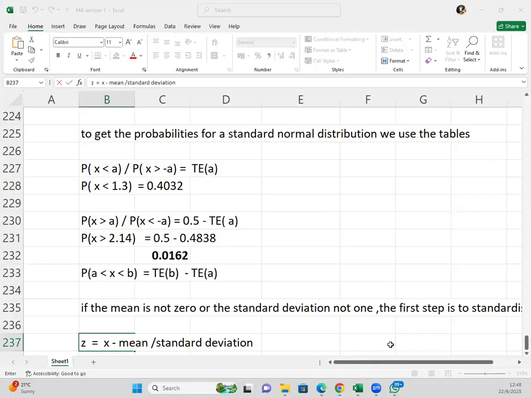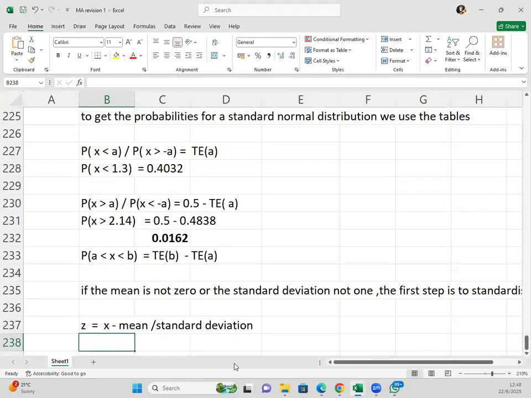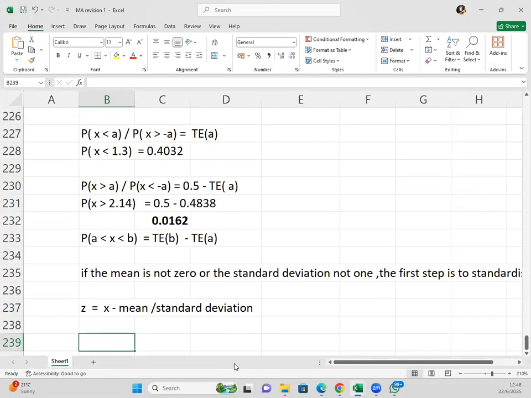So the question is saying, what is the probability of scoring more than 80? Probability that X is greater than 80. If it's not standard normal, the challenge is we don't find 80 on the tables.